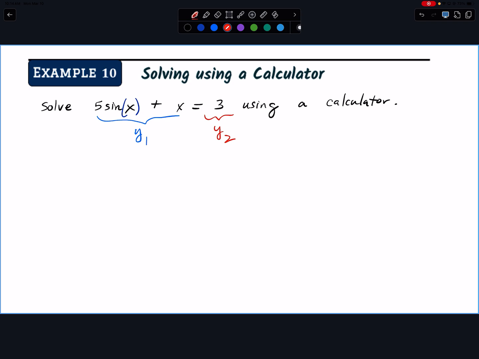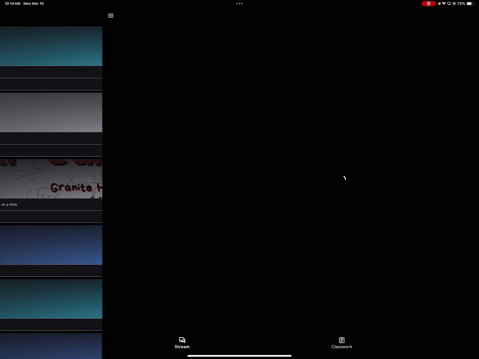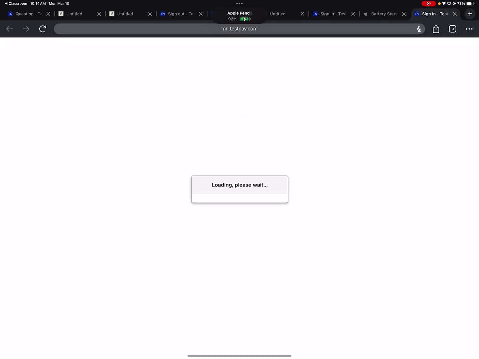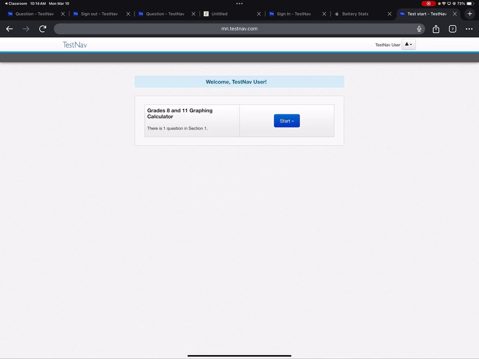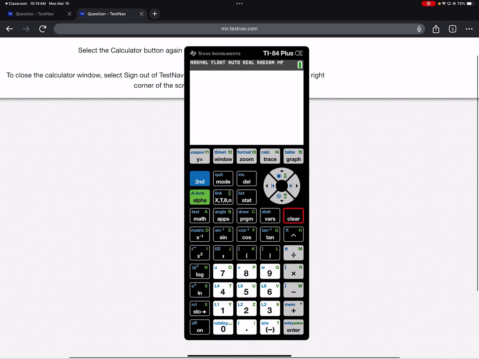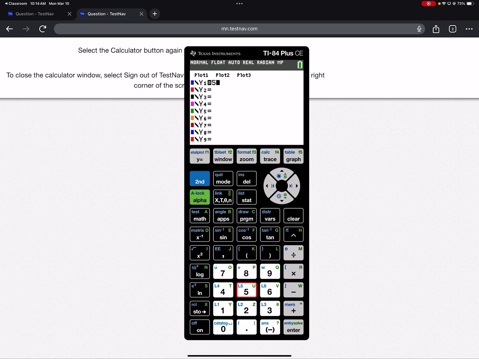While you do that, I'm going to set mine up too so you can see what I'm doing. What was it? 5 sine of x plus x? And then 2, 3. Okay.